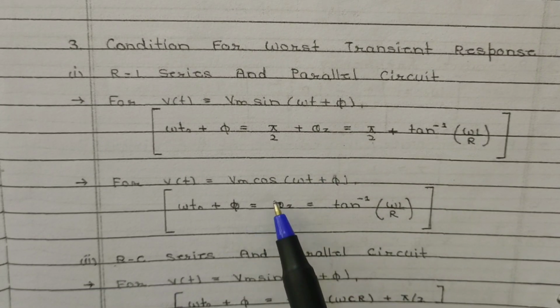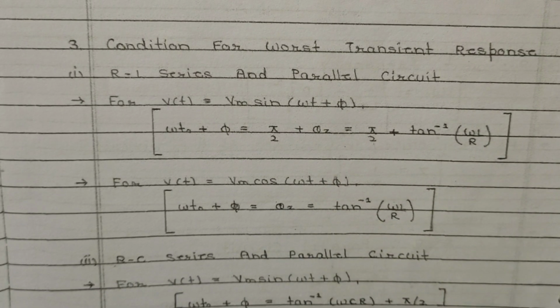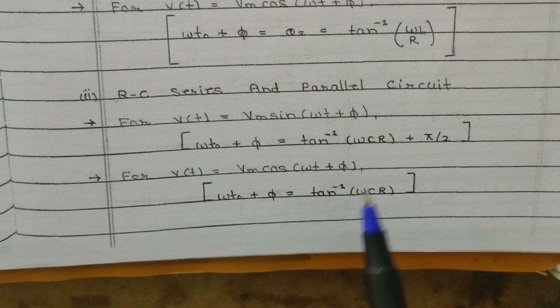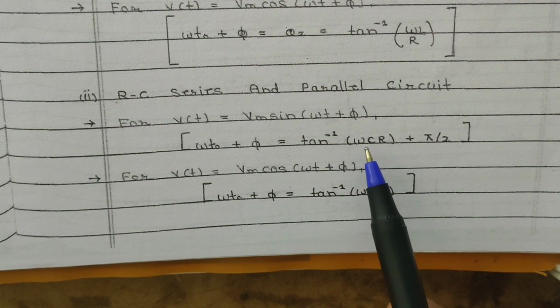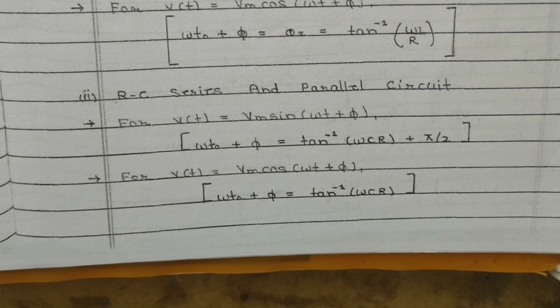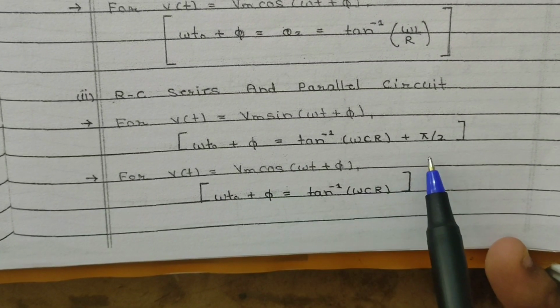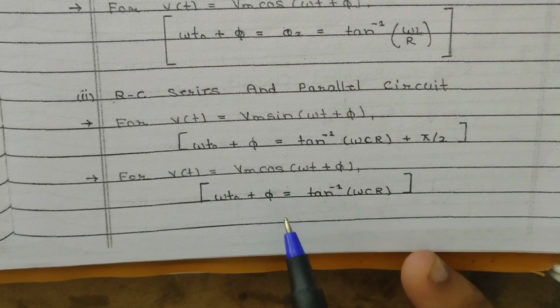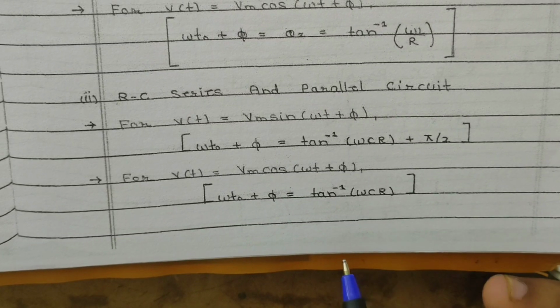If it is cos, it is replaced by theta z. Same for the RC series and parallel circuits: for sin omega t, 90 degrees is added. If it is cos omega t, 90 degrees is not added.